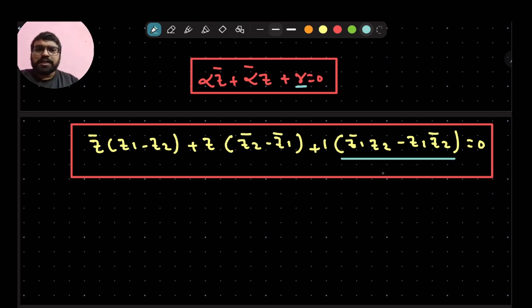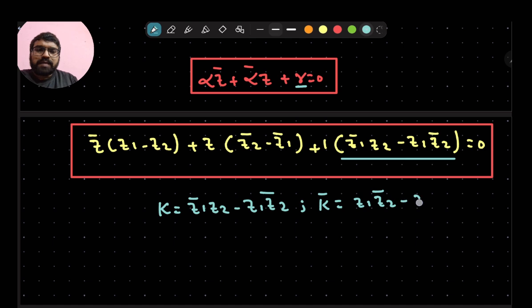the given expression. So let's suppose I'm saying the given expression as k, so this is z1 bar z2 minus z1 z2 bar. So definitely if I take the conjugate, k bar will be equal to nothing but z1 z2 bar minus z1 bar z2.